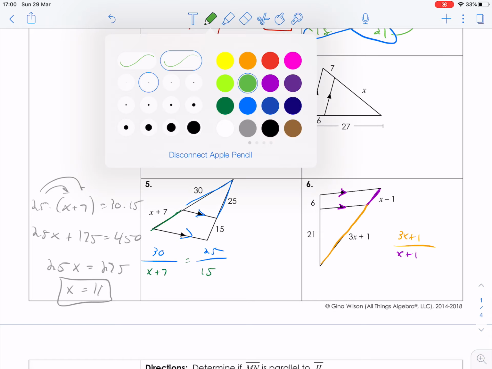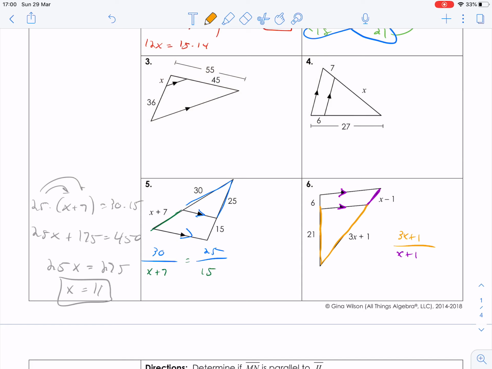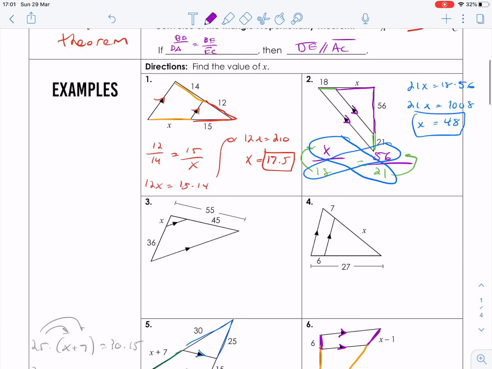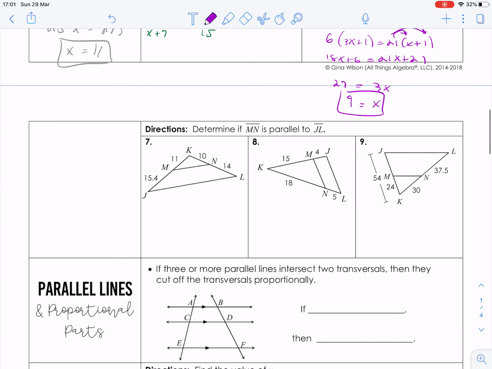And then the next is 21 over 6. Cross multiplying, 6 times 3x plus 1 equals 21 times x plus 1. And we distribute. 18x plus 6 equals 21x plus 21. 3x equals 27, x equals 9. Is that what it asks for? Does it ask for x? It does.